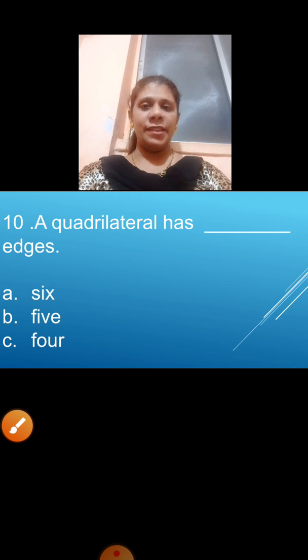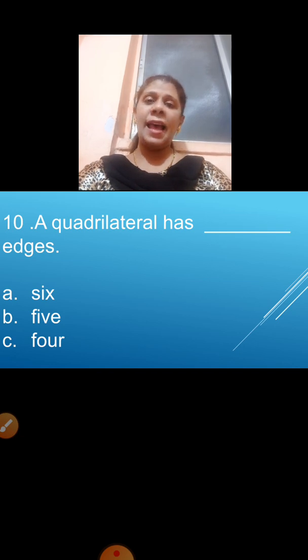A quadrilateral has dash edges. 6, 5, 4.